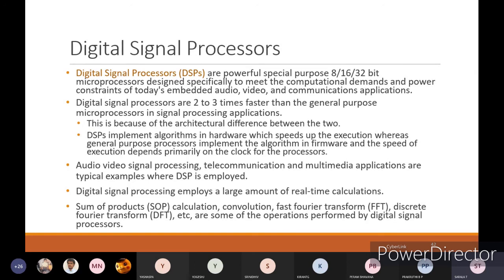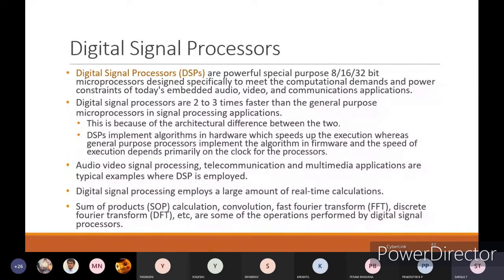Whenever you run the algorithms in hardware, the output is very fast and it speeds up the execution. If you go for a general purpose processor for processing your signals, then the algorithms run on firmware or software. That's why the speed of execution is slow compared to DSPs.